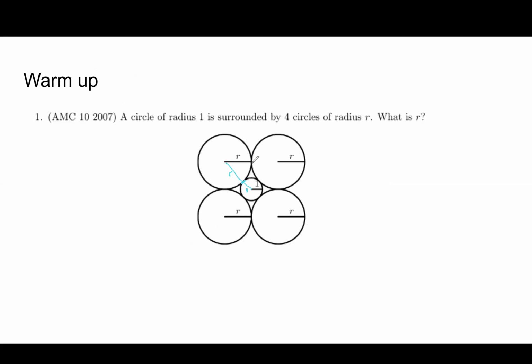So what I have here is a right angle triangle. Okay, so using just the Pythagorean theorem, I'm just going to redraw this triangle here. This is what I have, right?